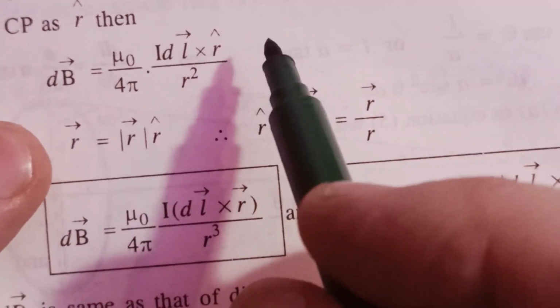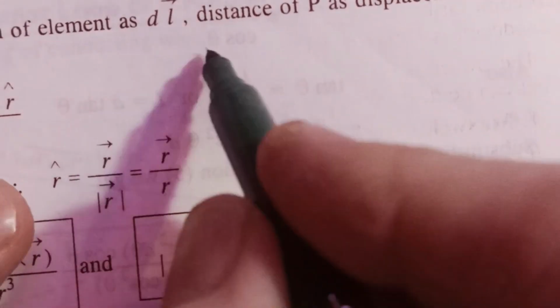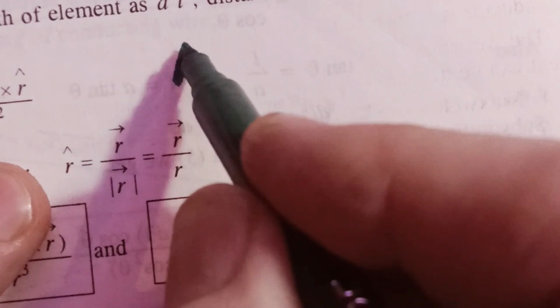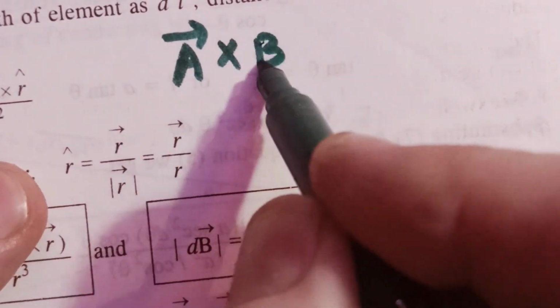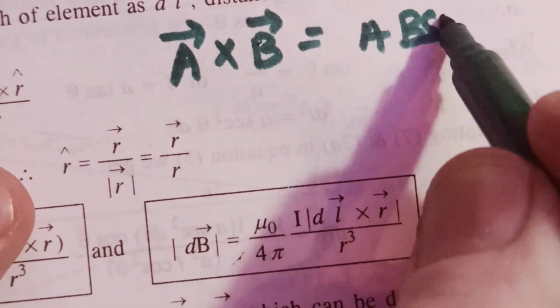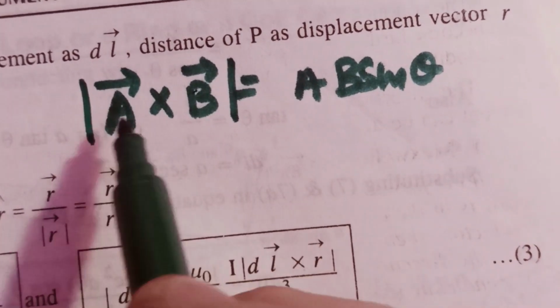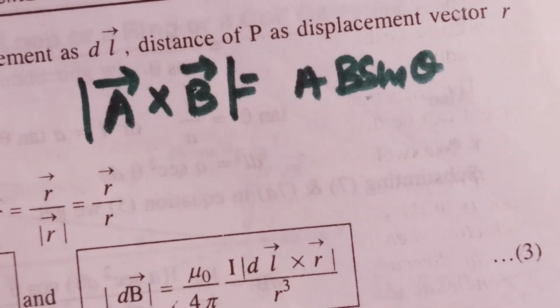Now next it is A vector cross B vector. It is AB sine theta, the magnitude of the cross product is AB sine theta.